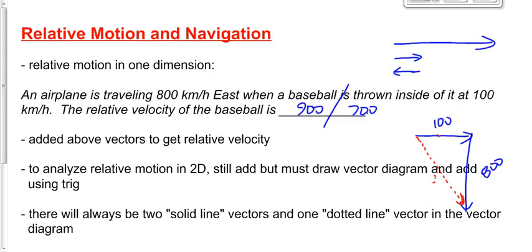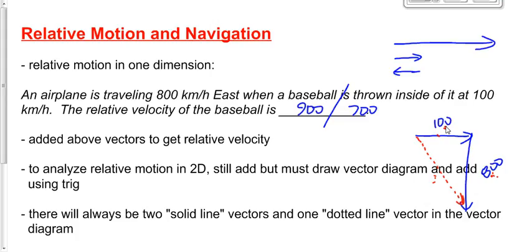So in other words, where does the baseball actually go? Where does it really go? Dotted. Where the baseball goes, the dotted line vector, is a result of where I throw it, a solid line vector, and the motion of the airplane, another solid line vector. Solid line vectors contribute to where something goes.